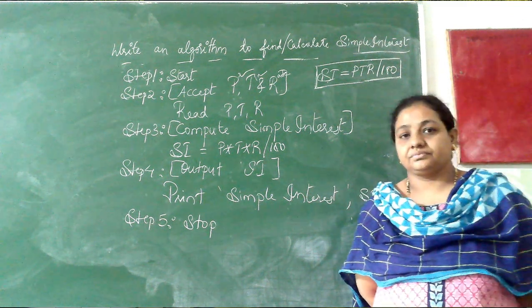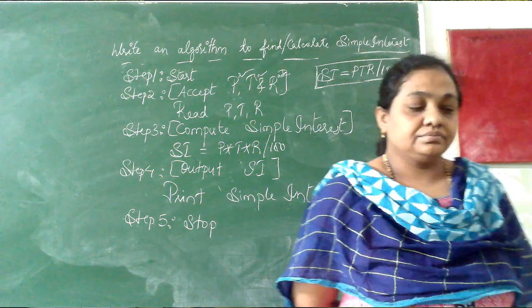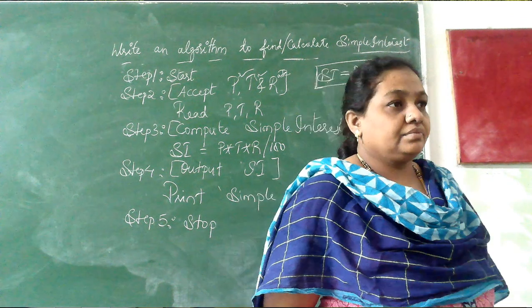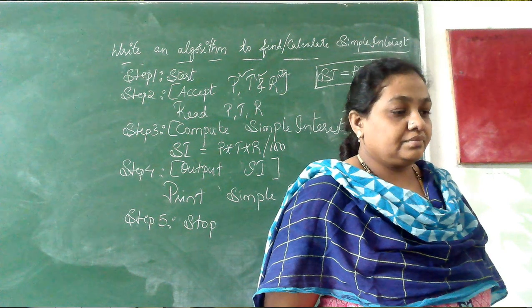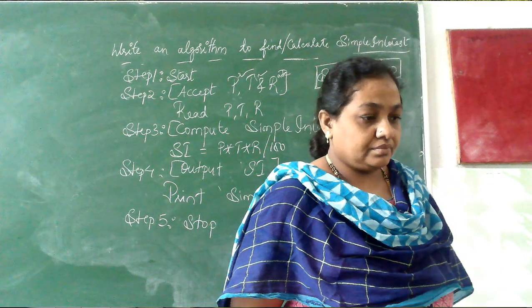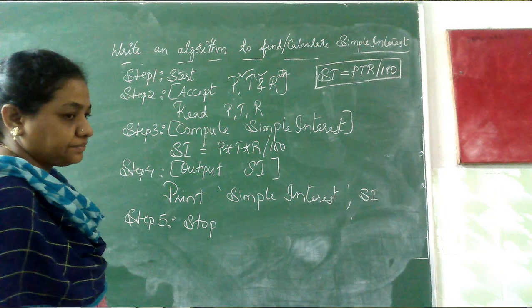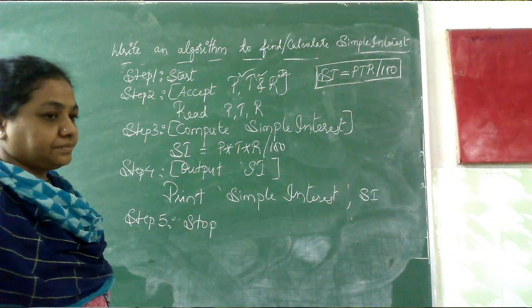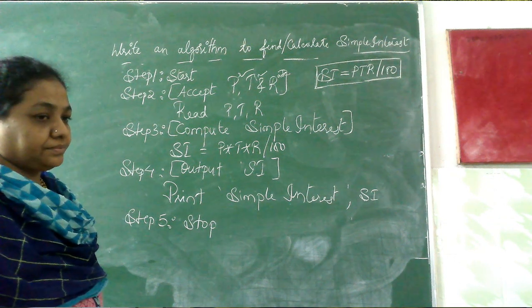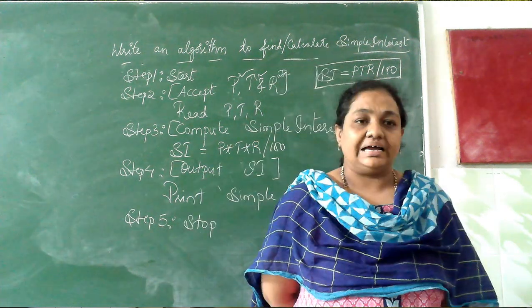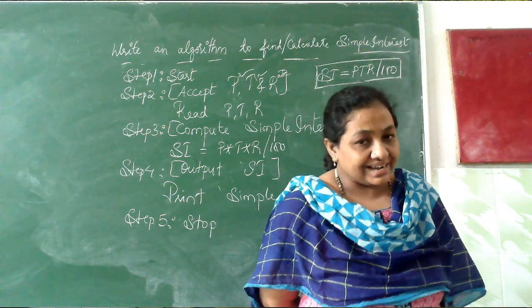So then after calculating we should give the output or the result. Result is nothing but simple interest. So we need to give the result. Result is outputting. Output SI or simple interest.